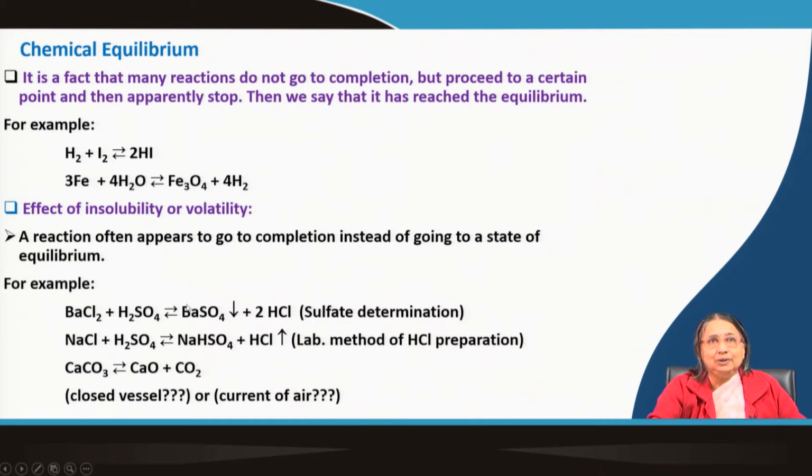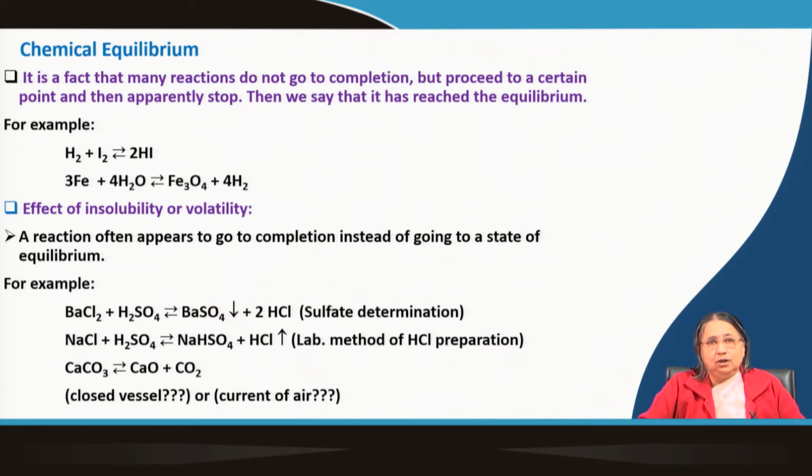So, when the product is removed, then more and more reaction will go on to produce more product. That is why the reaction goes towards the forward direction, and this type of reaction we use for sulphate determination.